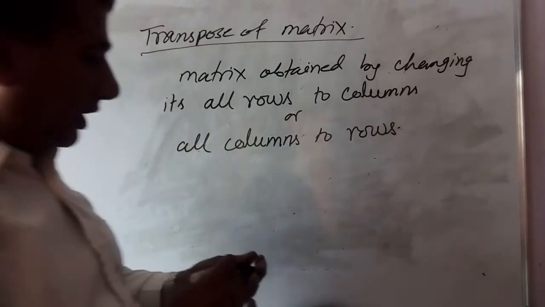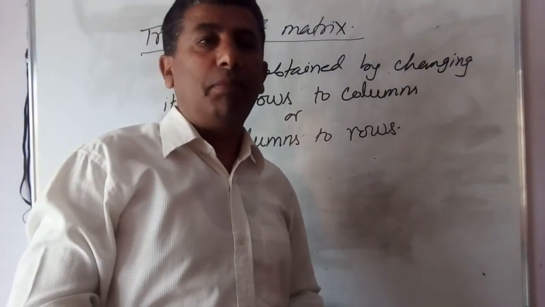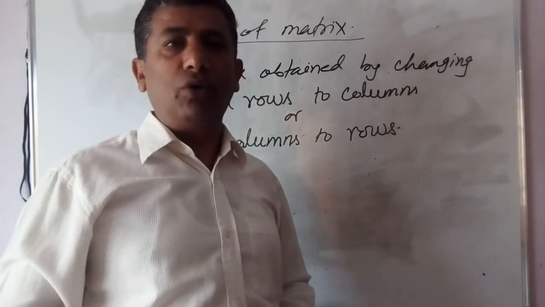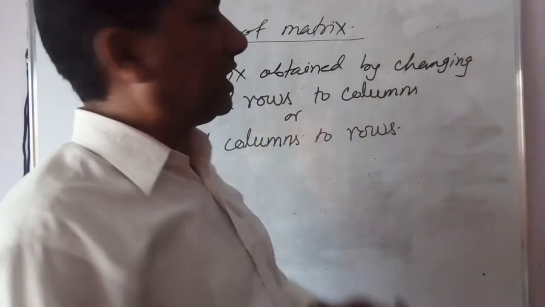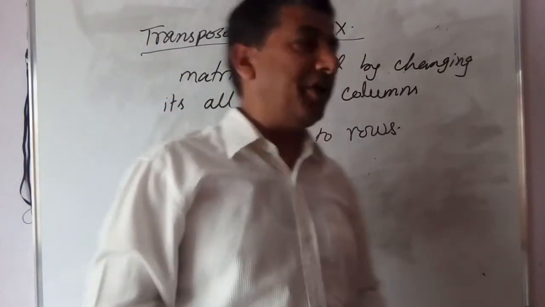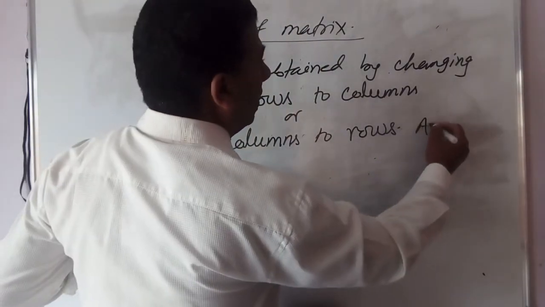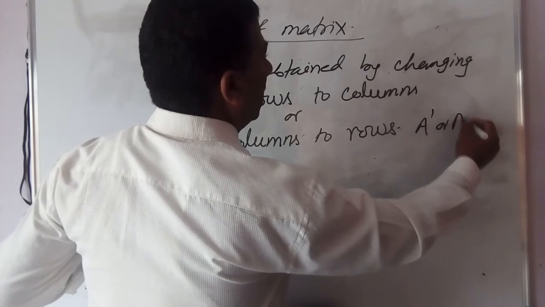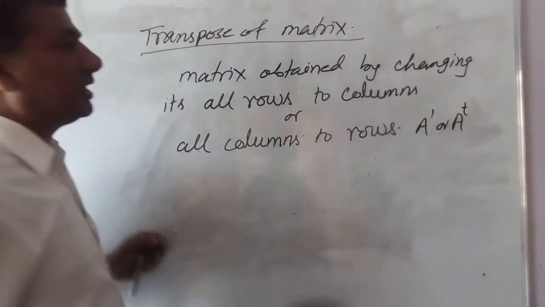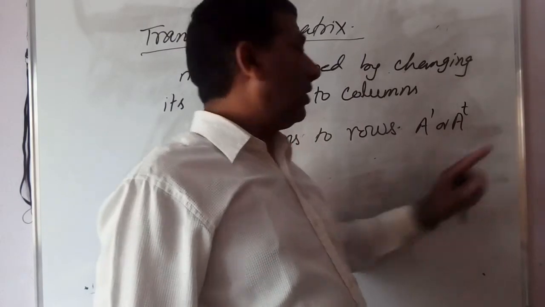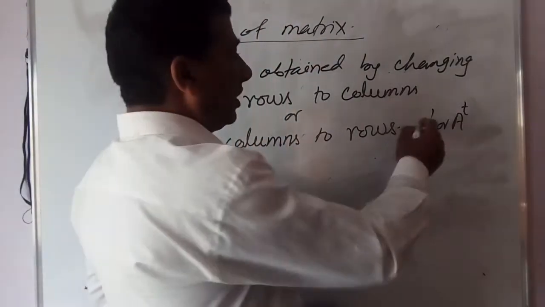When we change rows to columns or all columns to rows, that matrix is known as the transpose matrix, and it is denoted by the symbol A prime, or we write A T, that is transpose. This T means transpose, A prime or A T. This is the symbol of the transpose matrix.